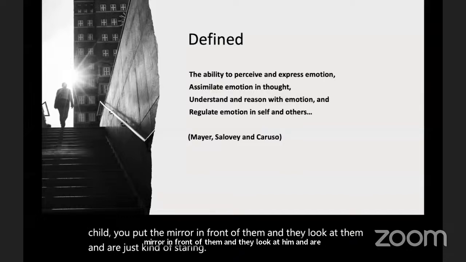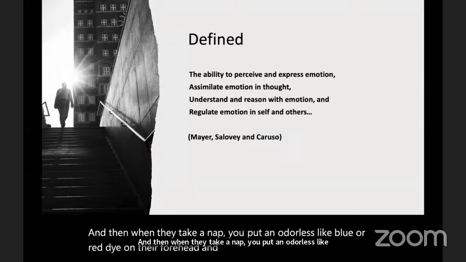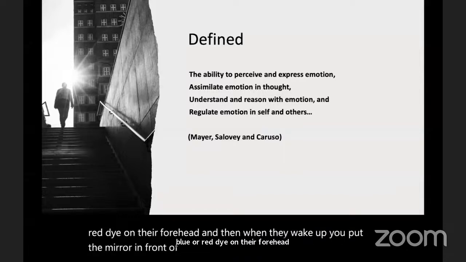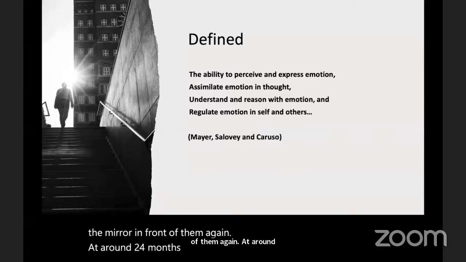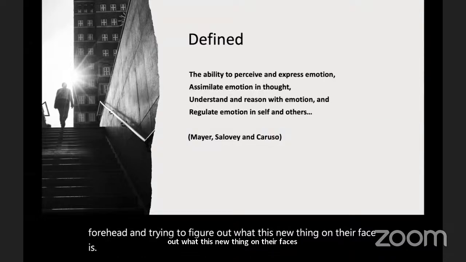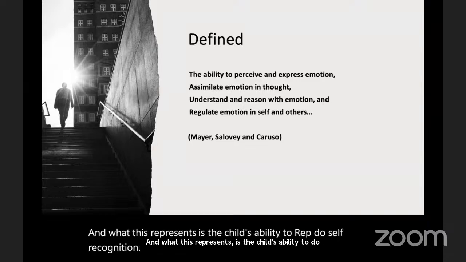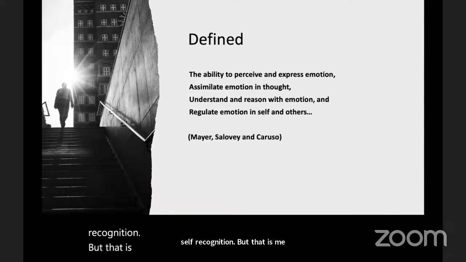And then when they take a nap, you put an odorless blue or red dye on their forehead. And then when they wake up, you put the mirror in front of them again. At around 24 months of age, the infant will start rubbing their forehead and trying to figure out what this new thing on their face is. And what this represents is the child's ability to do self-recognition, that that is me and this is me.